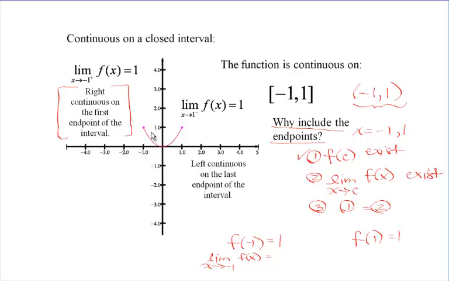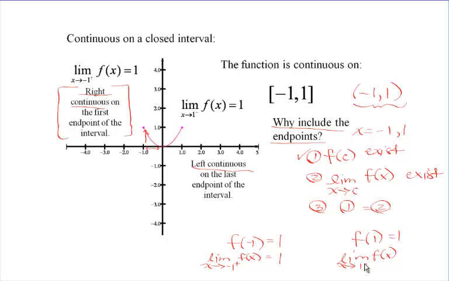This function is right continuous. The right-handed limit exists, and it is 1. As we approach -1 from the right, the outputs approach +1. So we call this right continuous. And in the same vein, at x equals 1, the left-sided limit for that function exists.